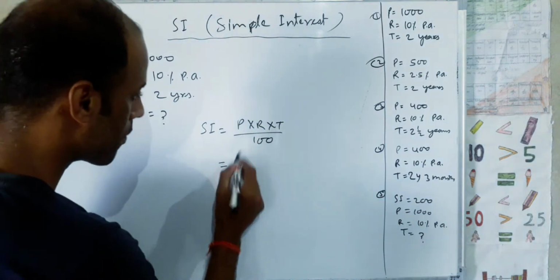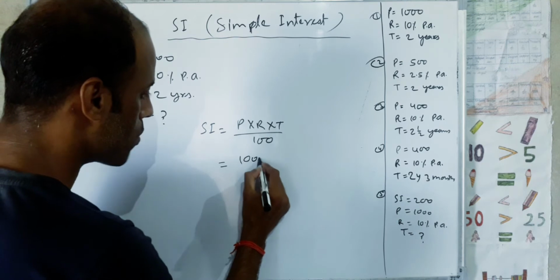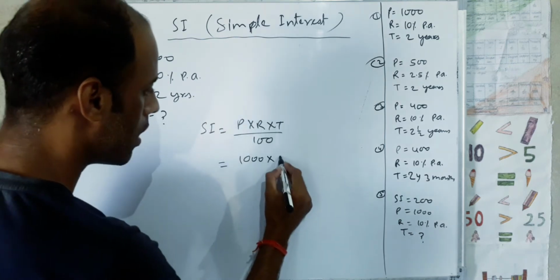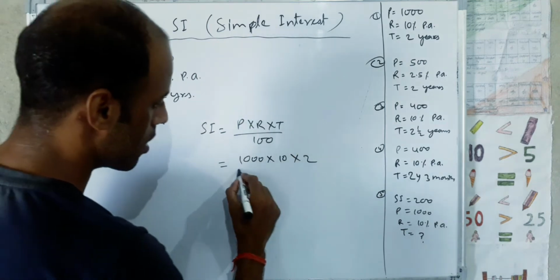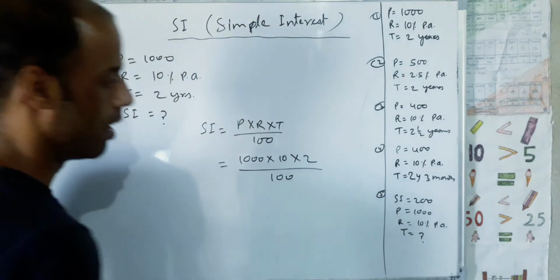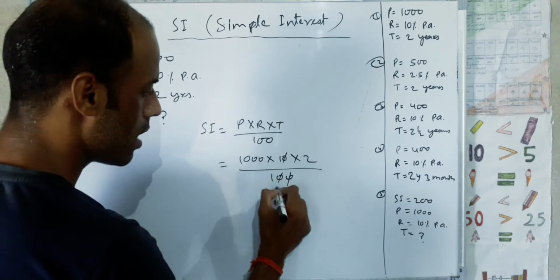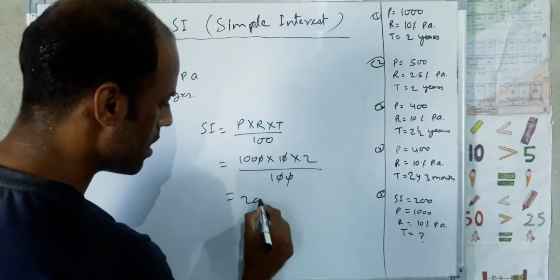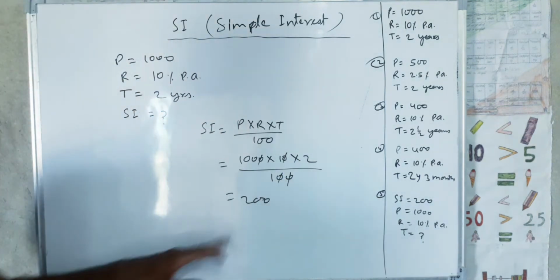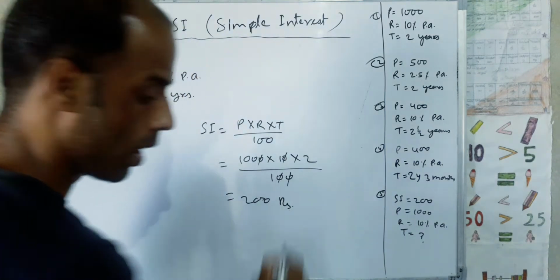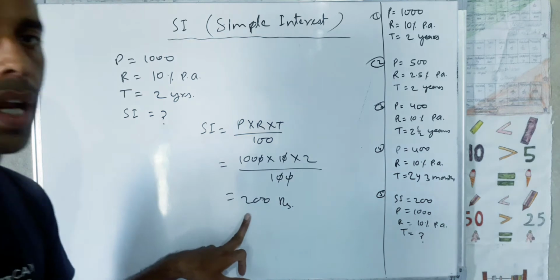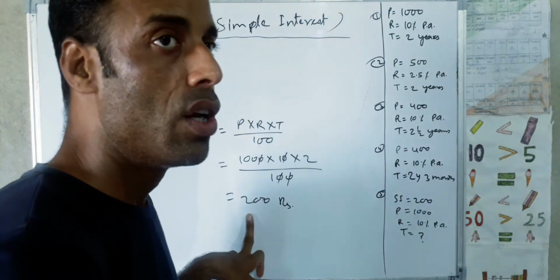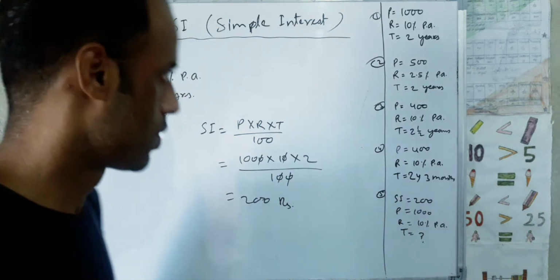So here principal is 1000 rupees, rate is 10% and time is 2 years, upon 100. 0 0 cancel, 0 0 cancel. That means rupees 200. So this is the answer. SI is 200 rupees.